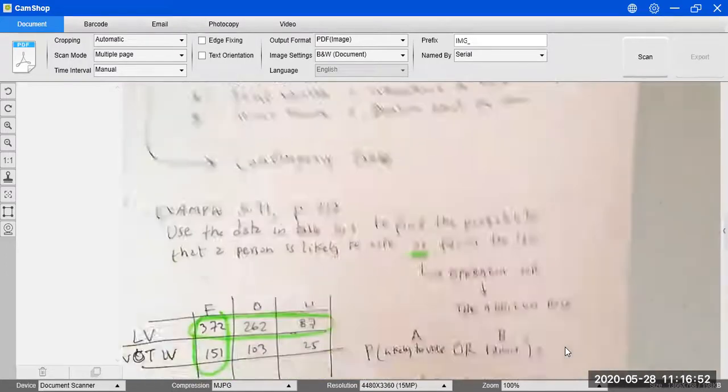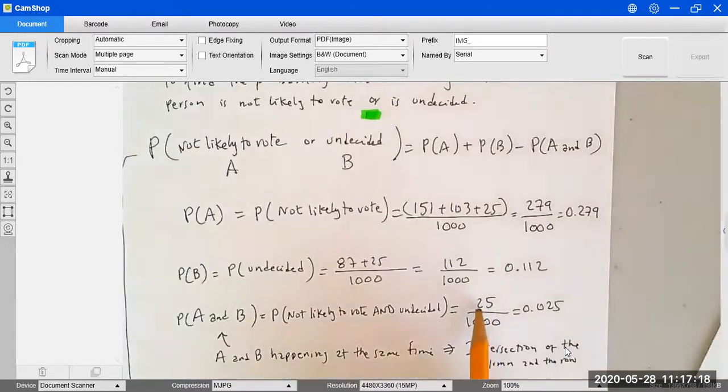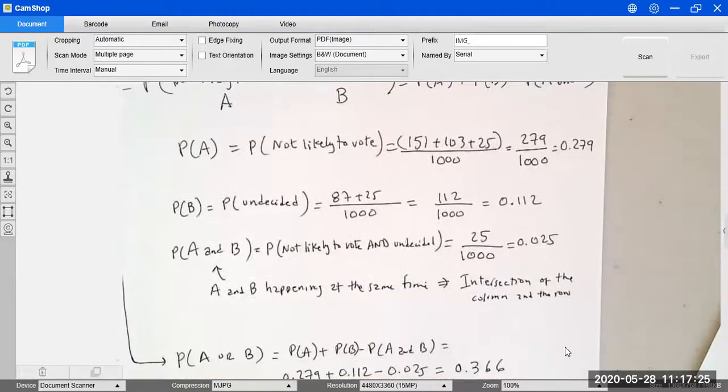A person that is not likely to vote is this row, and also undecided. So the only possibility is this field in your table. It's just 25 people that are undecided and also not likely to vote. So that's the intersection region, 25 over 1,000, which is 0.025.